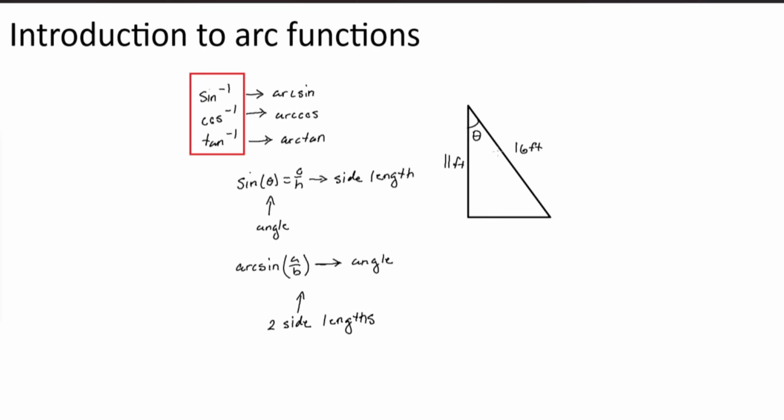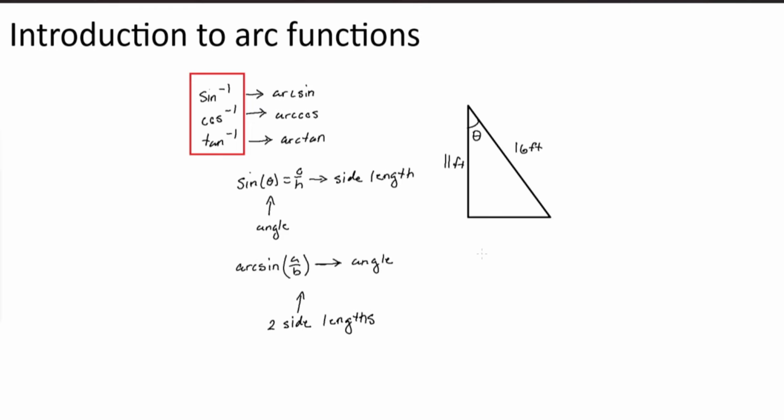Well, we can't use sine, cosine, or tangent because they require an angle as input, and we don't know the angle, so we have to use an arc function. But which of the arc functions? We're dealing with the hypotenuse and the adjacent side, so we must use arc cosine, because cosine involves the adjacent and the hypotenuse sides.